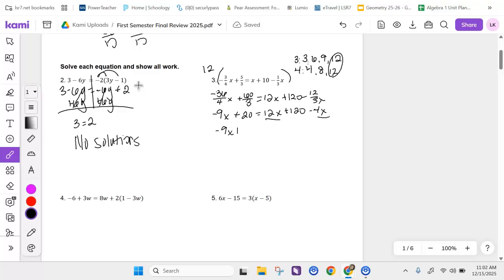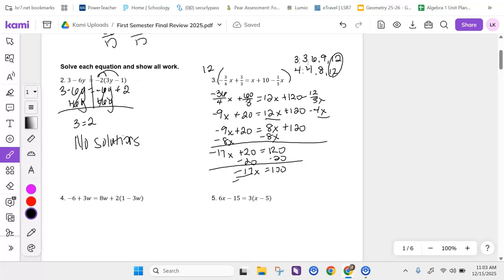Negative 9x plus 20 equals 8x plus 120. I subtract 8x from both sides to get negative 17x plus 20 equals 120. Subtract 20. Negative 17x equals 100. Divide both sides by negative 17. I'm going to get x equals negative 1.7.